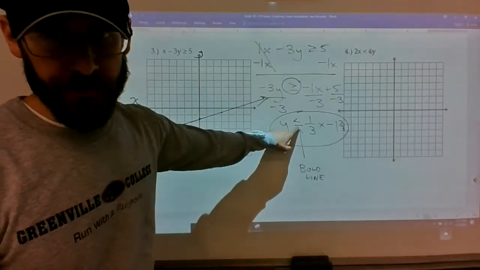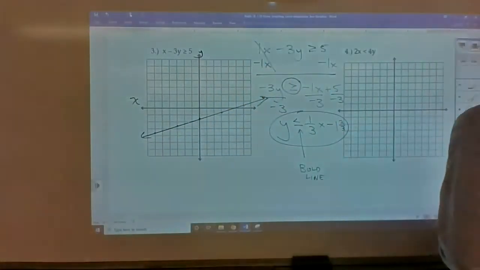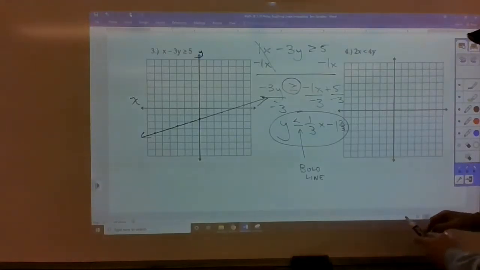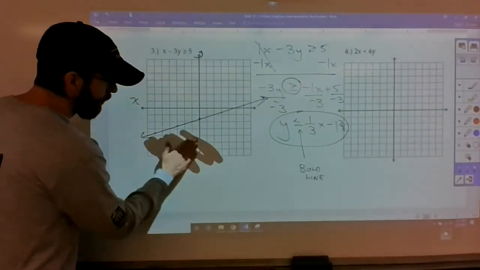Less than or equal to means below the line. I'm going to fill in everything below this line. I'm keeping it bold.